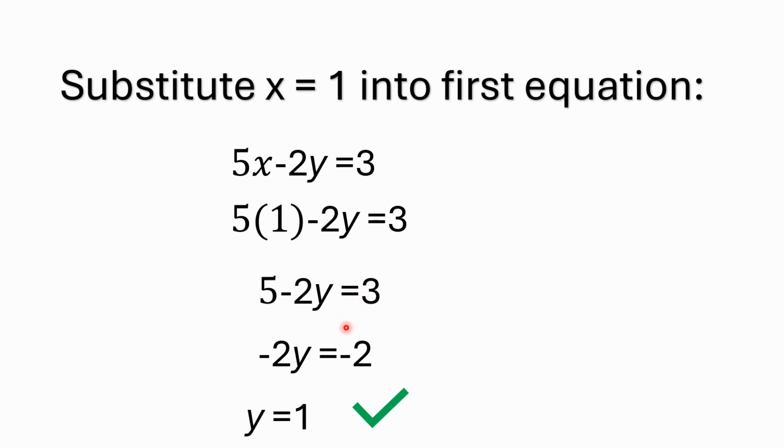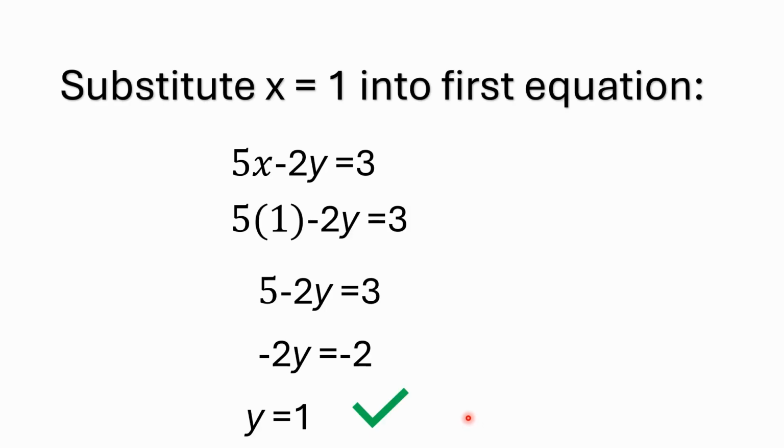Well, here we can subtract 5 from both sides, leaving us with minus 2y equals negative 2. And that means we divide both sides of the equation by negative 2. It leaves us with y equals 1. So in this case, x equals 1 and y equals 1.